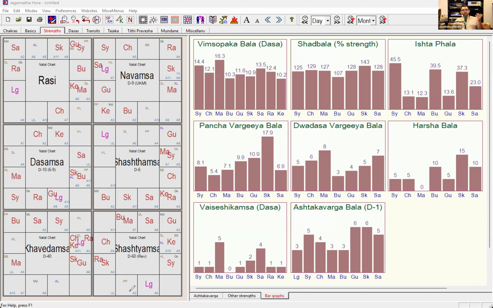Shukra, a most beautiful looking lady. I purposefully use the word lady because beauty is associated with women, not with men. Nobody says beautiful man. That's why Shukra is a feminine graha, and Shukra is associated with beauty.